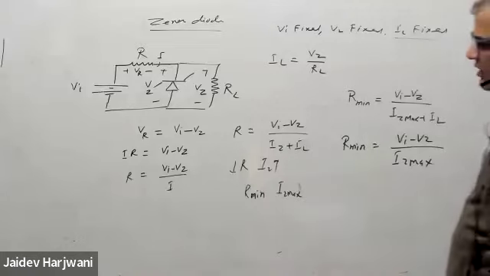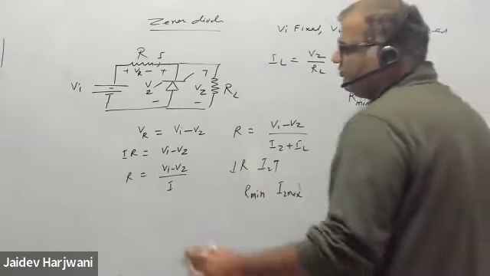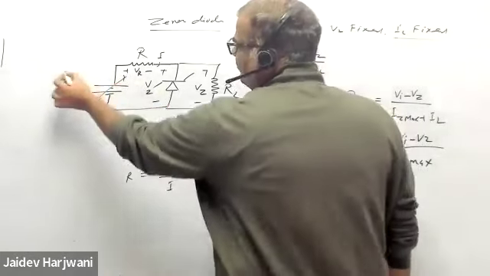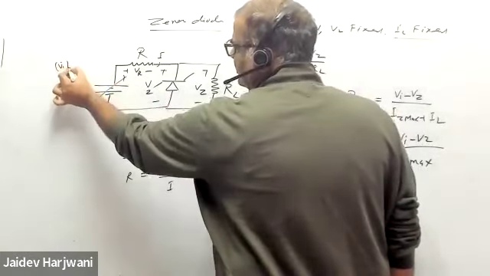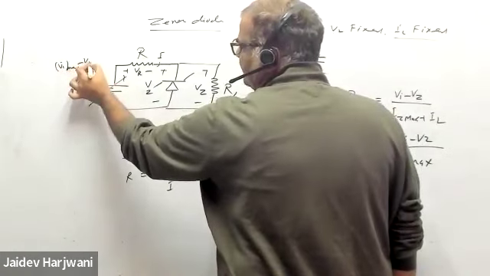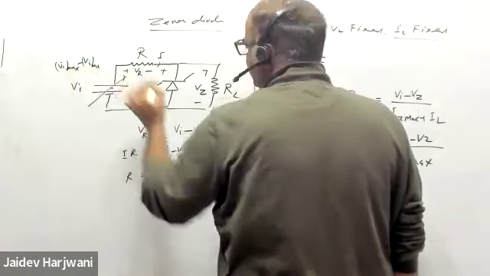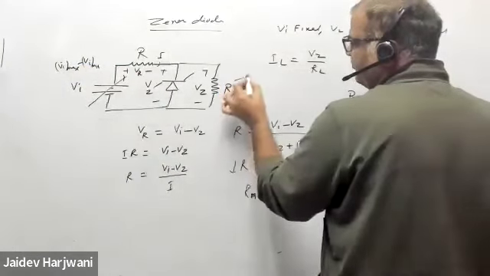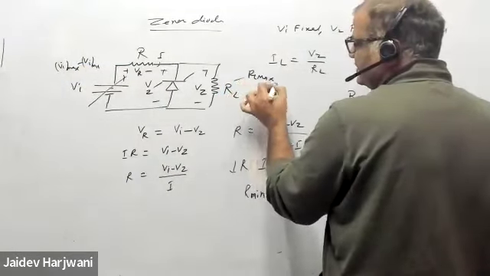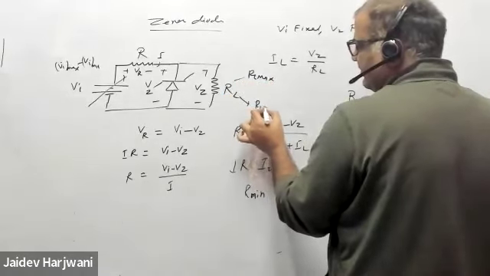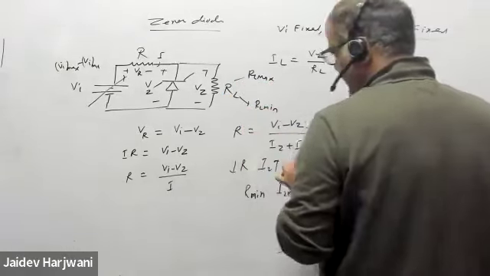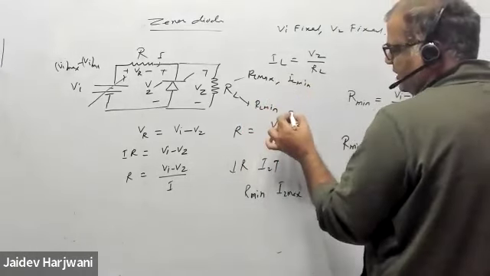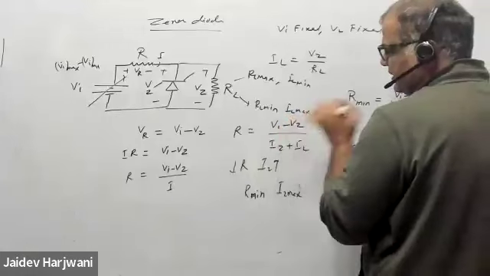And there's one more formula for R minimum. Suppose this VI is varying from VI max to VI minimum, and this RL is varying from RL max to RL minimum, or you can say IL minimum to IL max.